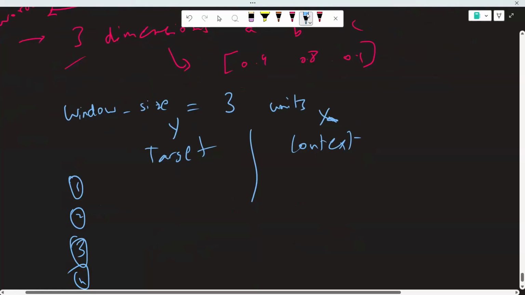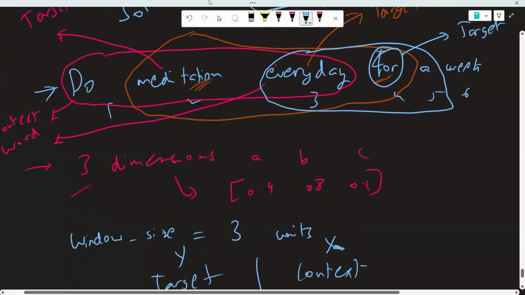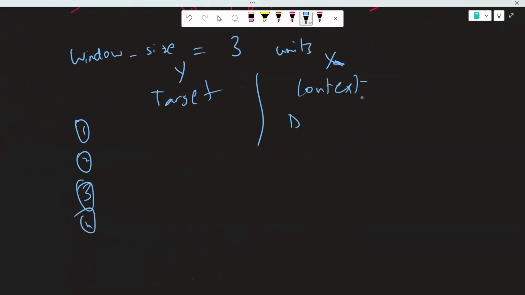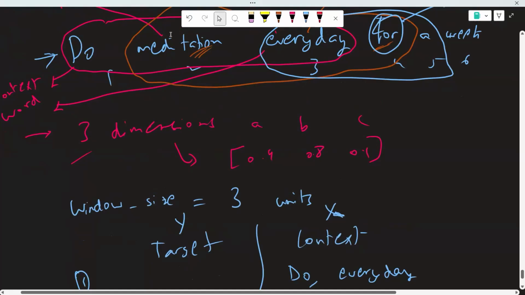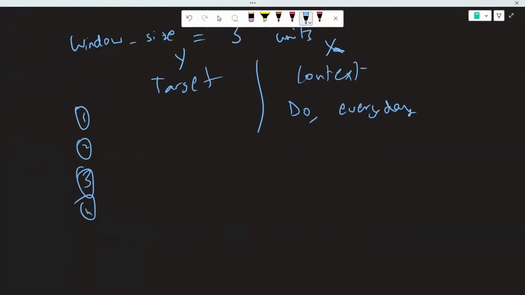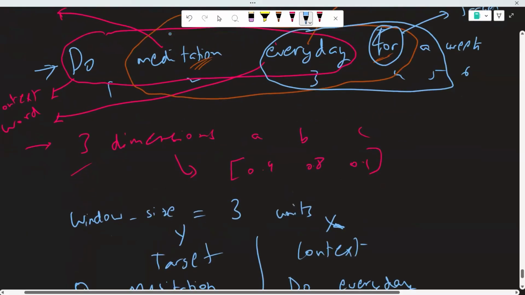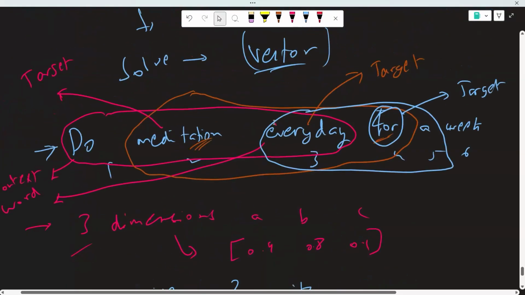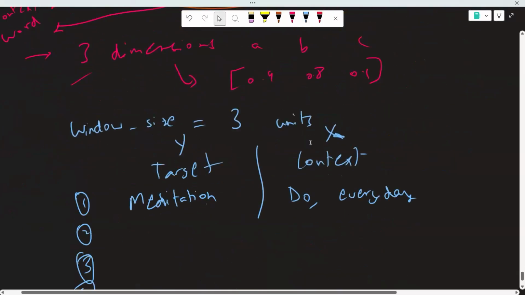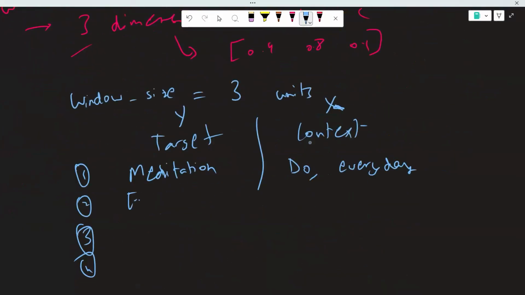For example, let's say in the first iteration, do and every day were context. So let me write: do and every day were context. But the target in the first iteration was meditation. Similarly, second time the target became every day, so I'll write every day.